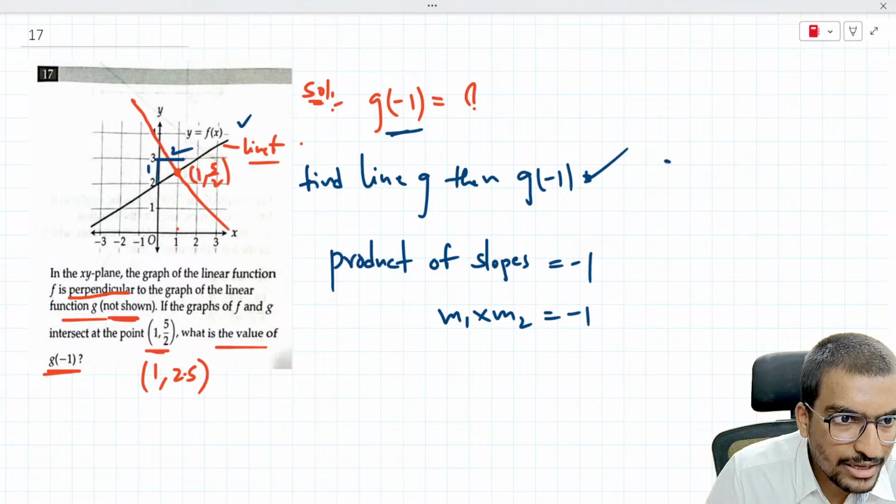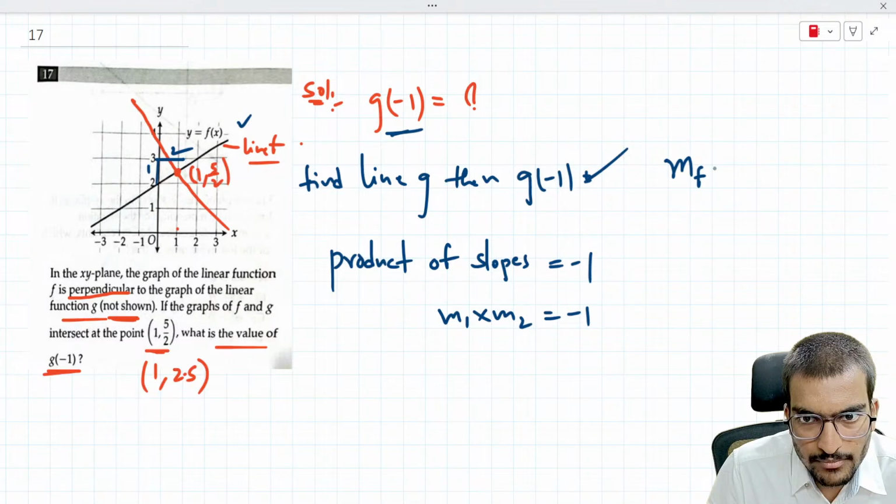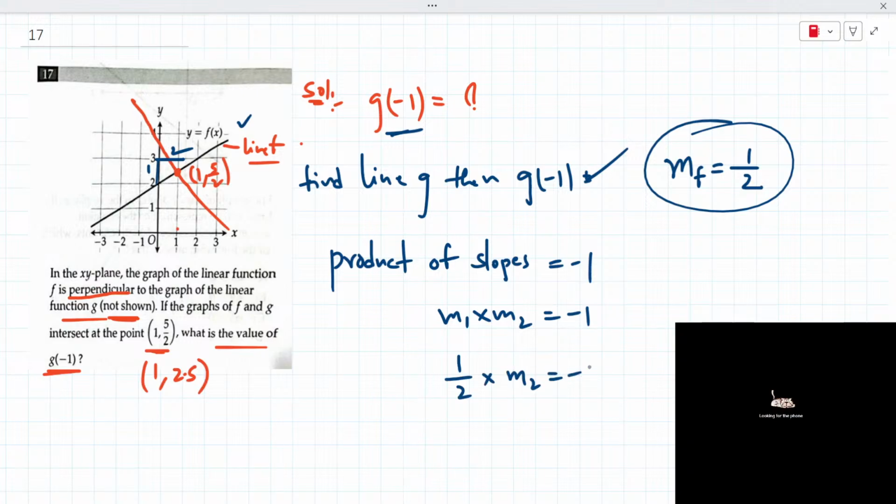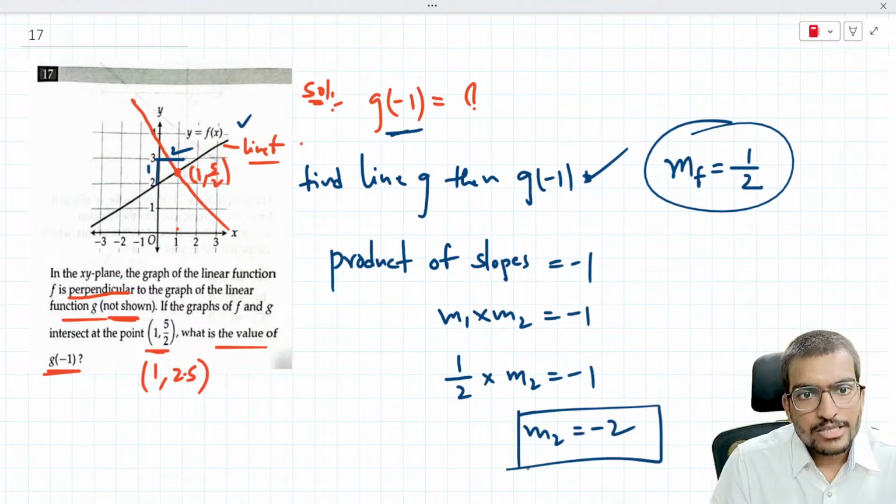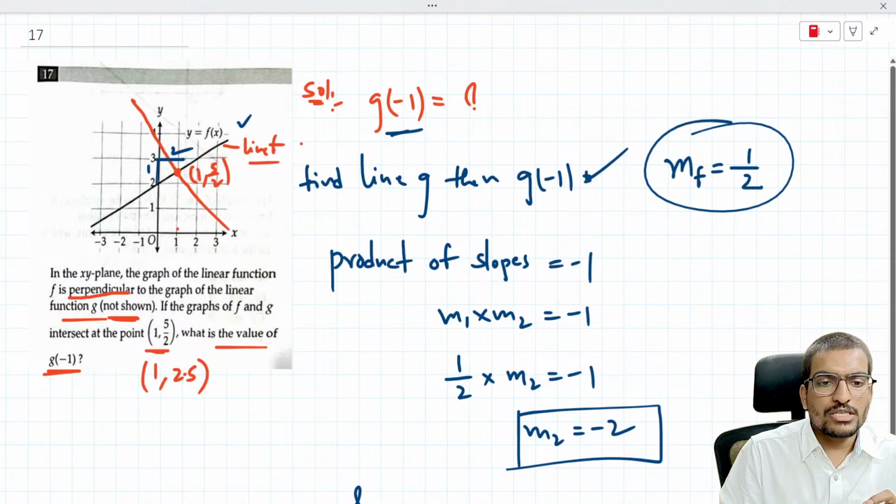I'll write slope mf equals to 1 by 2. So I just take in the place of that 1 by 2 into m1 times m2 equals -1, m2 equals to -2. You got slope of line g. Slope of line g equals -2.